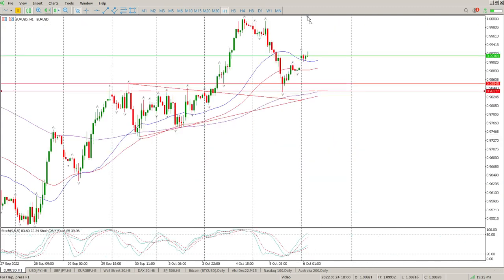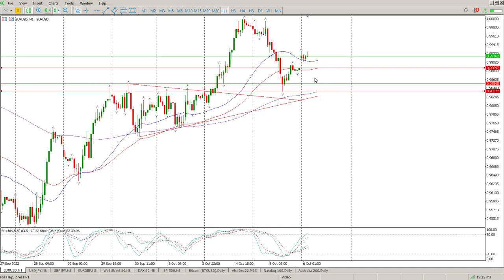You want to be buying off support, so the only support you're going to find, unfortunately, is going to be this gap. So it's either at 0.98897 or it is back here at 0.98545. So that's kind of the view that we've got at the moment.